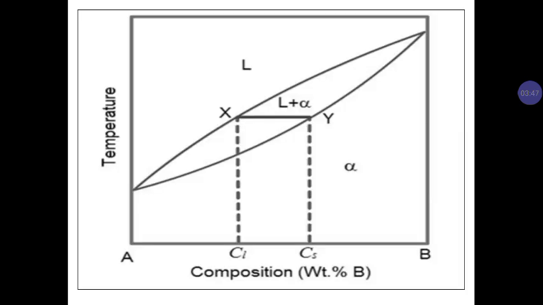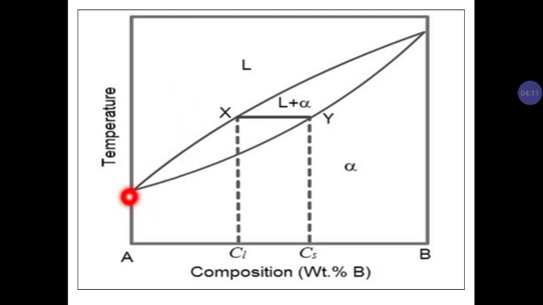What do we mean by that? If the degrees of freedom is 2, then the composition and temperature can be varied independently. So in this region or in this region, composition or temperature can be varied independently, and it is still in the liquid region itself.